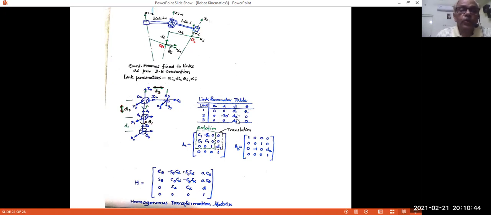It will actually be a joint variable because this is a displacement. And the angle between, and this distance D2.